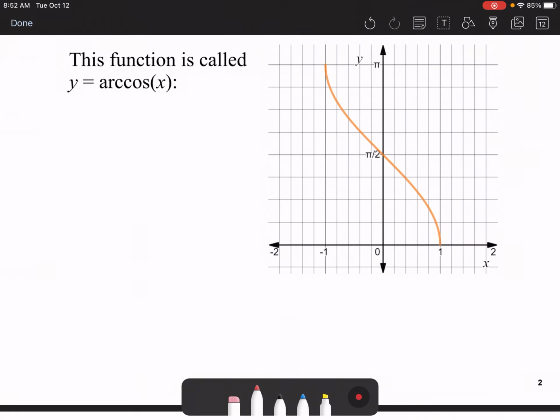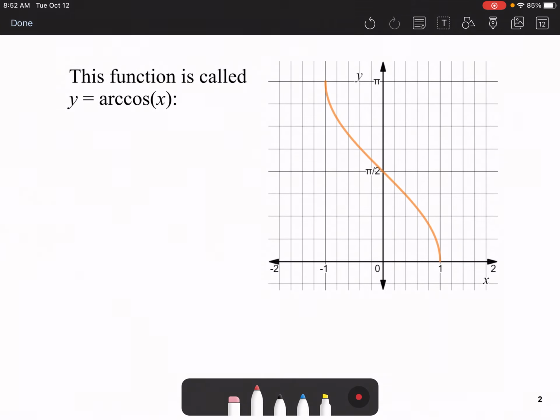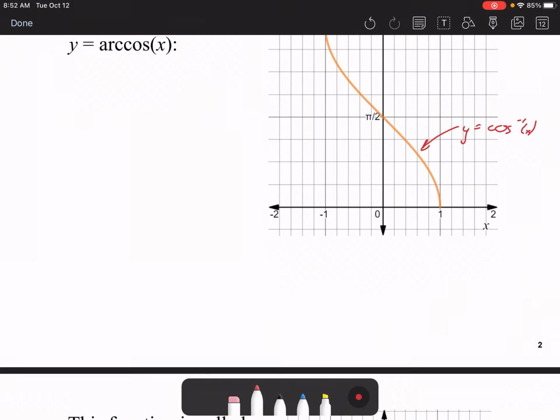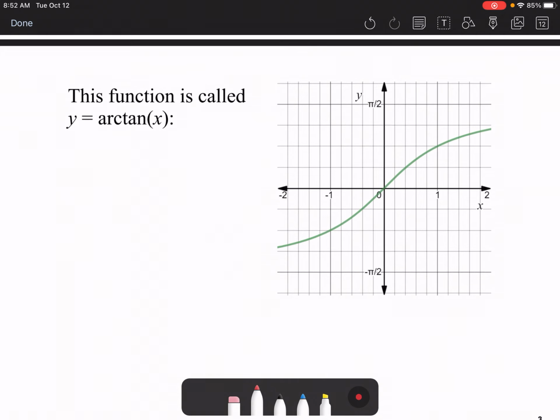Likewise, we have arc cosine, or y equals cosine inverse of x. We also have the arc tangent, or y equals tan inverse of x.